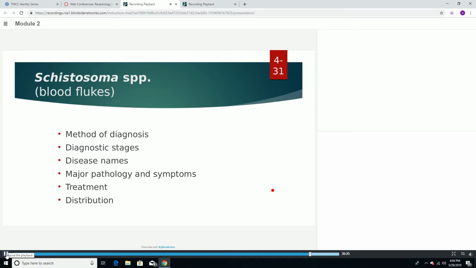But here, in general terms, the diagnostic stage that we're going to look for is the egg. Disease names can be swamp fever, schistosomiasis. These diseases mainly affect children and adults in endemic areas.